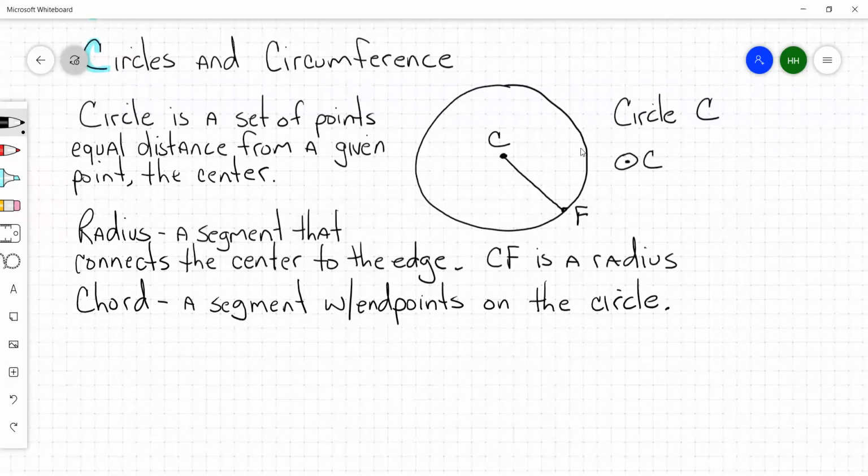So if you put a couple of points on the circle, we call them A and B, and then you connect those two points, AB is a chord.